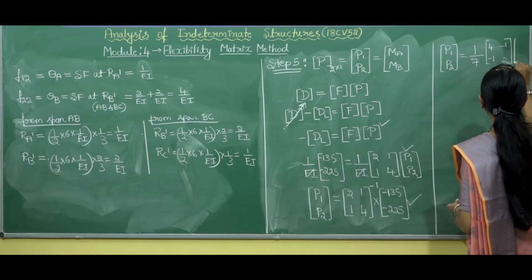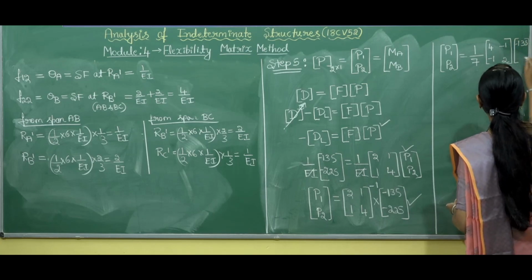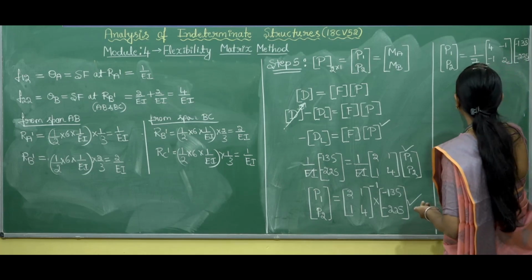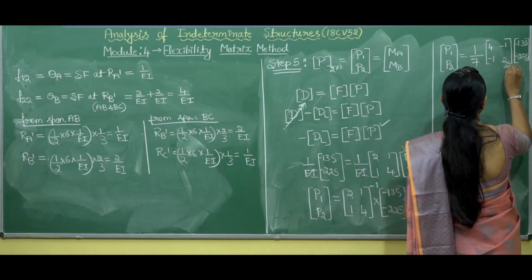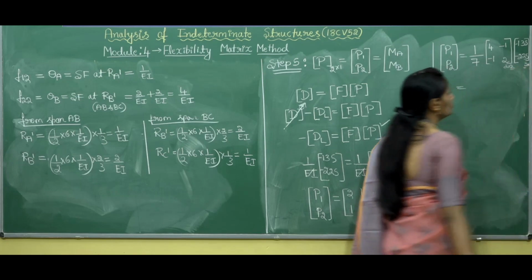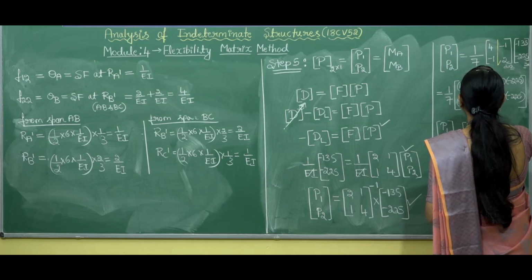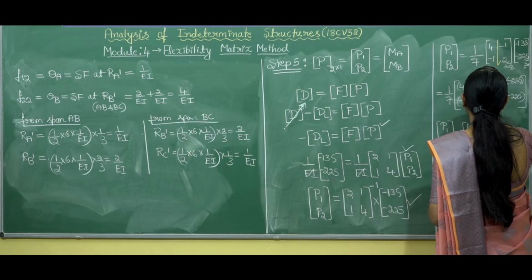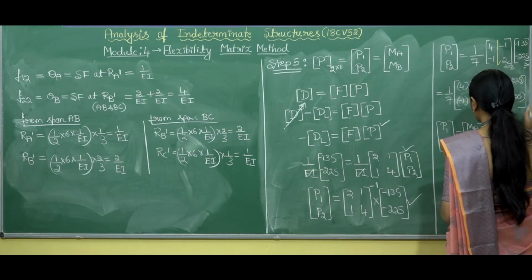Then minus 135 and minus 225. You can easily multiply this. This is 2 cross 2 and this is 2 cross 1, so we get a 2 cross 1 matrix. It is 1 by 7 into 4 into minus 135 plus minus 1 into minus 225, then minus 1 into minus 135 plus 2 into minus 225.